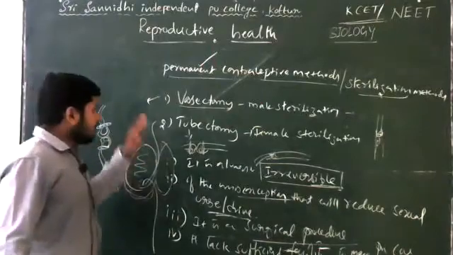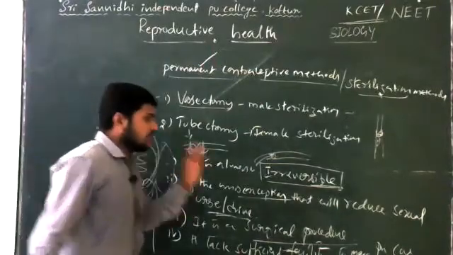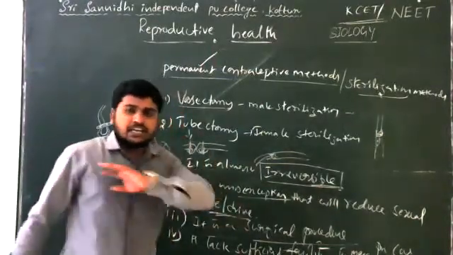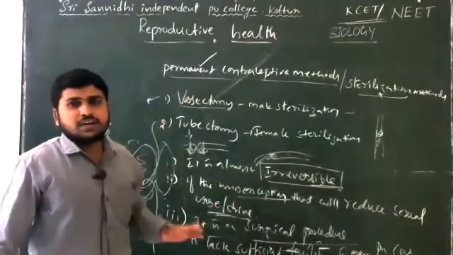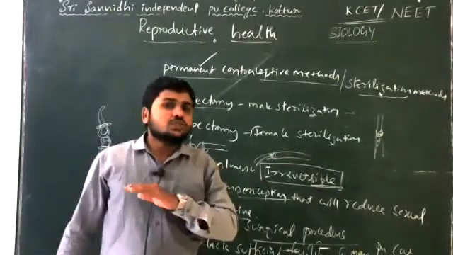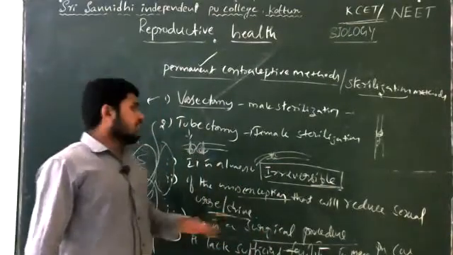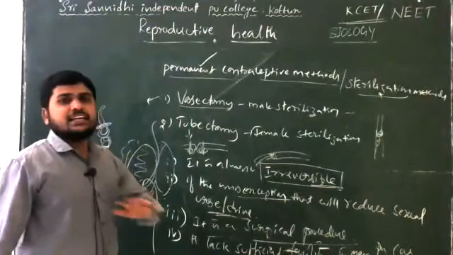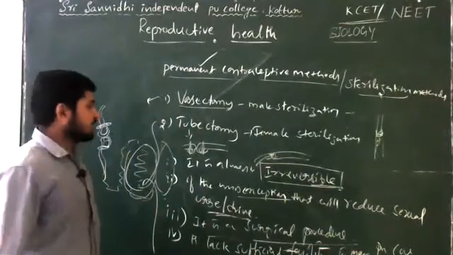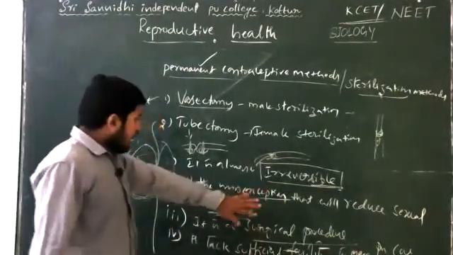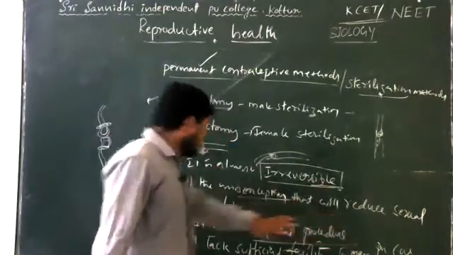Because this is almost irreversible in nature, once sterilization methods are adopted by the couples, there is no further pregnancy, no further fertilization, and no semen containing sperm during coitus. The misconception reduces sexual urge.